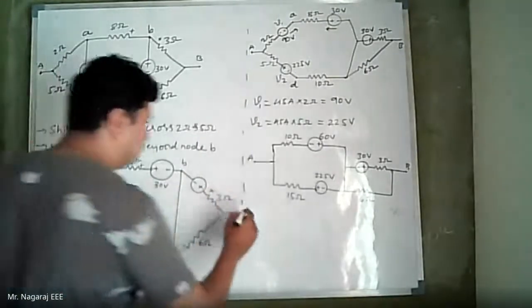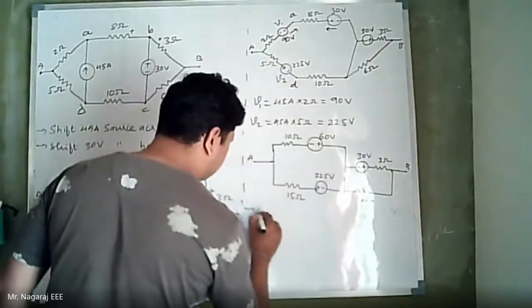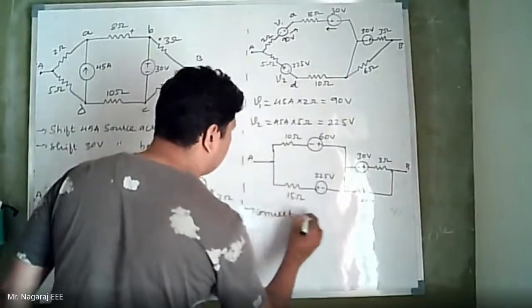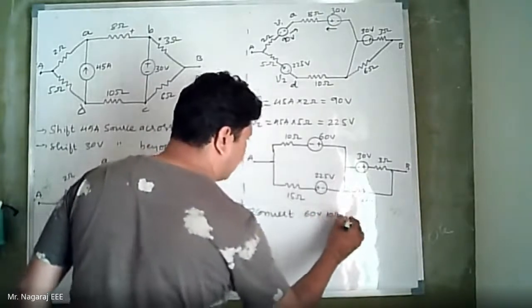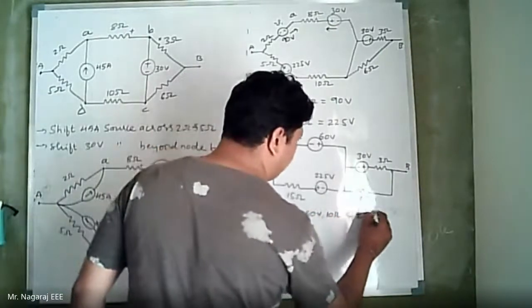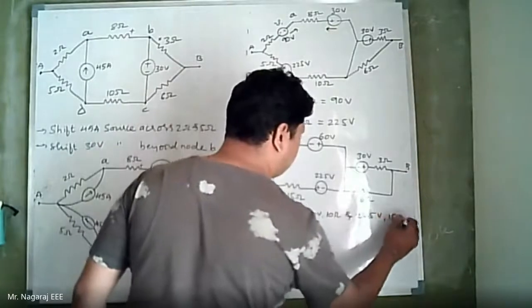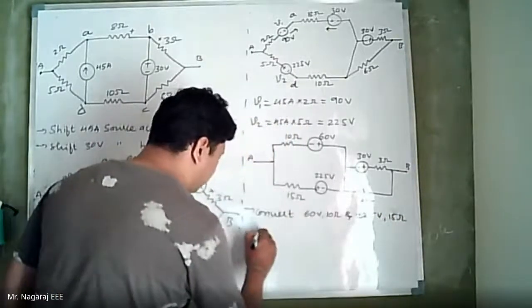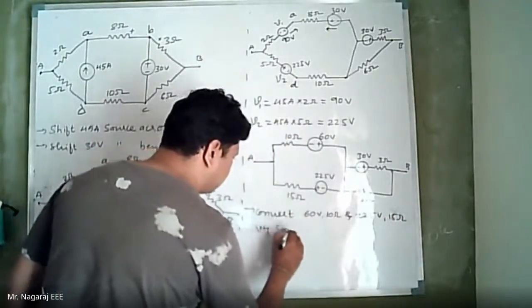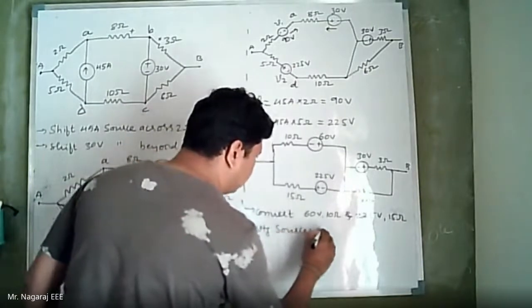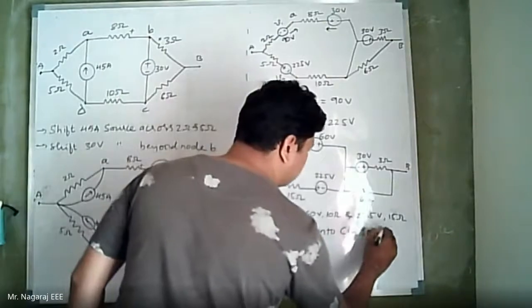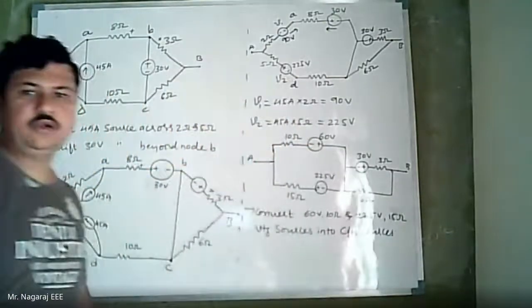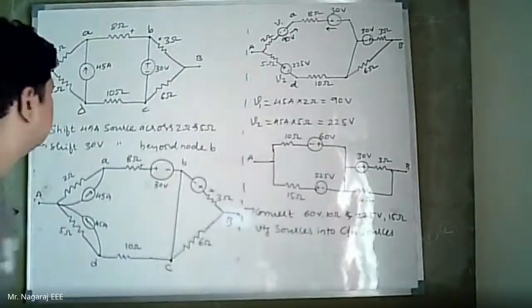Now convert 60 volt 10 ohm and 225 volt 15 ohm voltage sources into current sources.